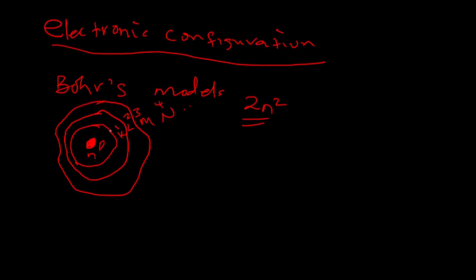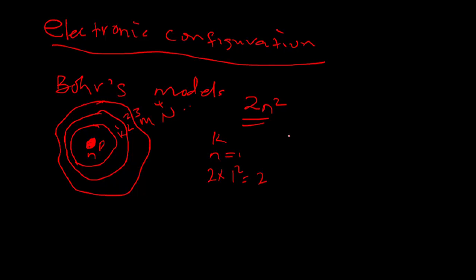So let us understand this first shell, how many electrons take ɗauka? That's K shell, where N is 1. So you see that you have 2 times 1 square, which is 2. So this K shell take maximum of 2 electrons.